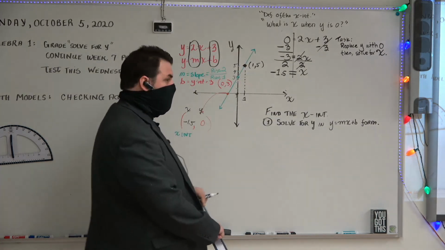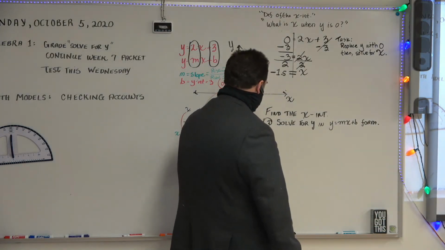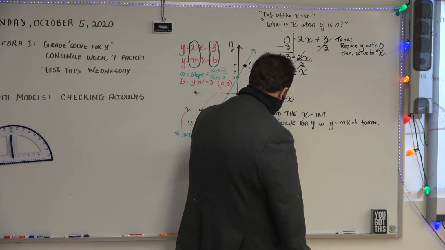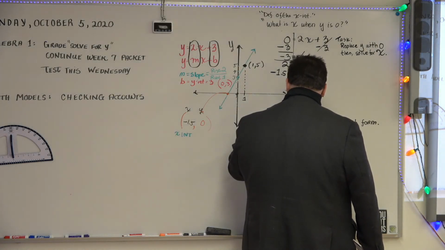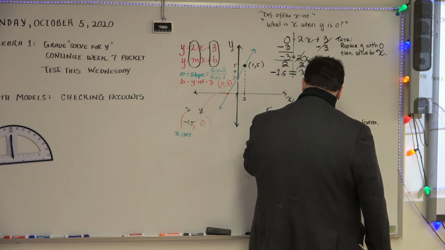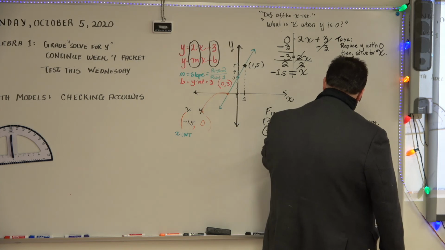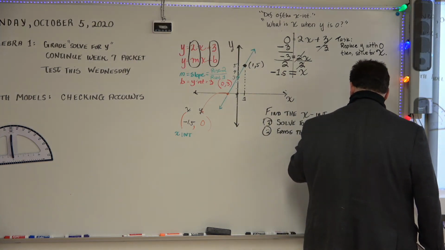Okay? So you just do what we've been doing. Solve for y. Number 2. Erase the y and put a 0. Replace it with the 0.